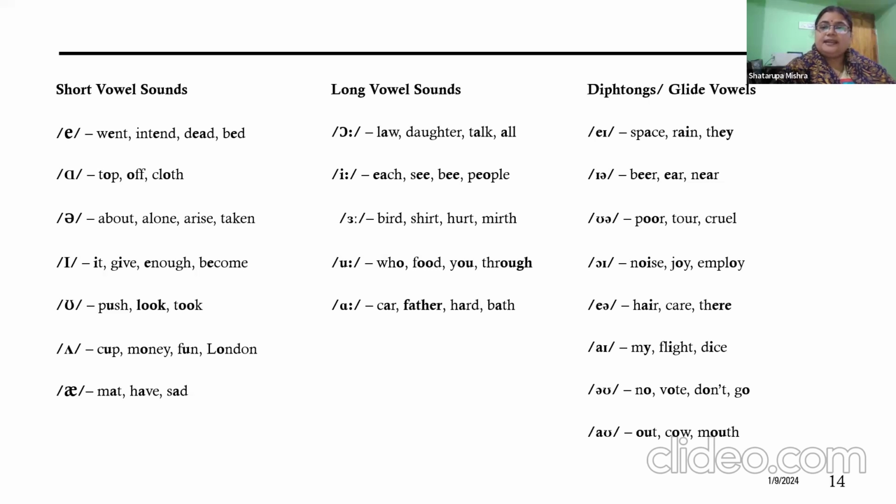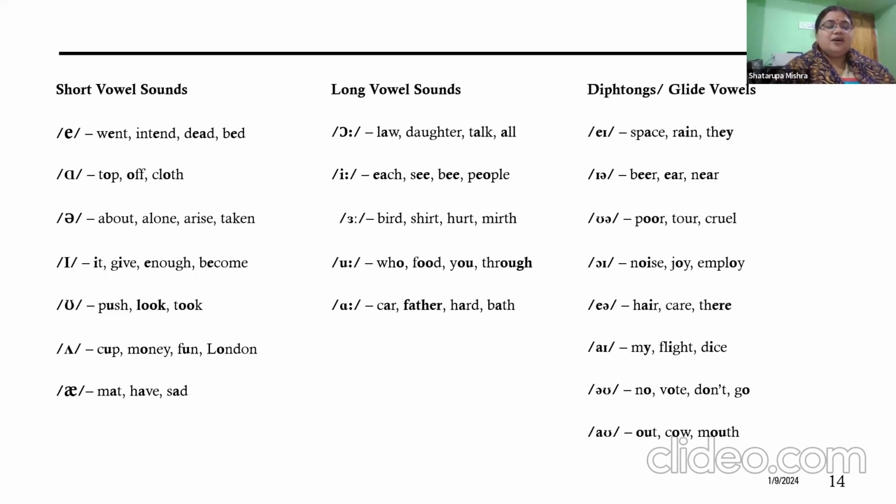Then air: hair, care, there. Then I: my, flight, dice. Then oh: no, vote, don't go. Then ow: out, cow, mouth.